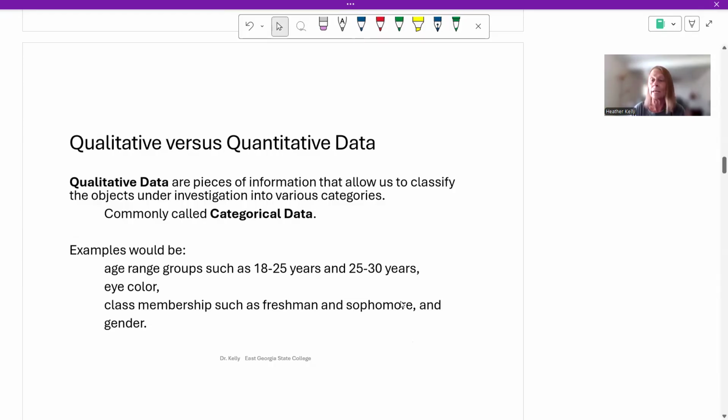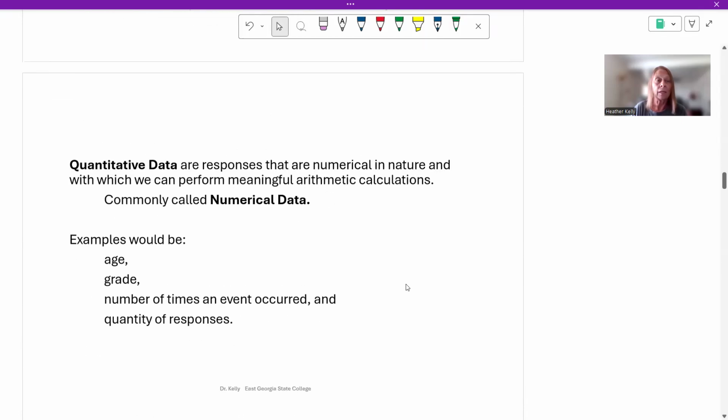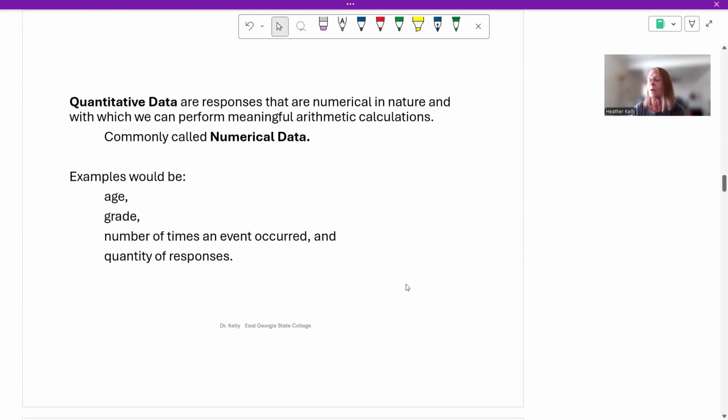Those are qualitative data. And then quantitative data are responses that are numerical in nature, like weight, height, length, time spent, numerical grade, number of times an event occurred, the quantity of times people said that Forrest Gump was their favorite movie.